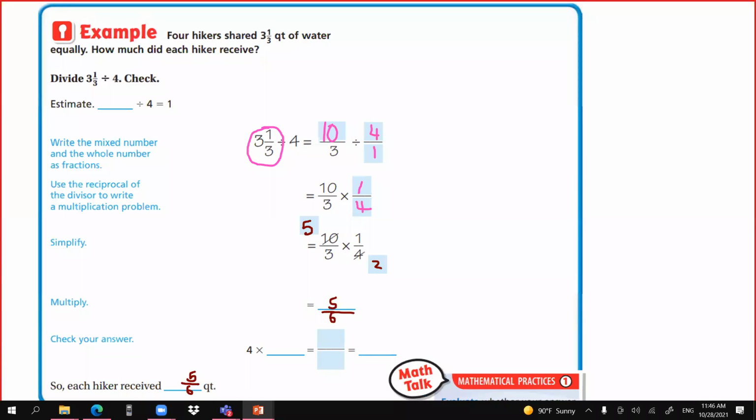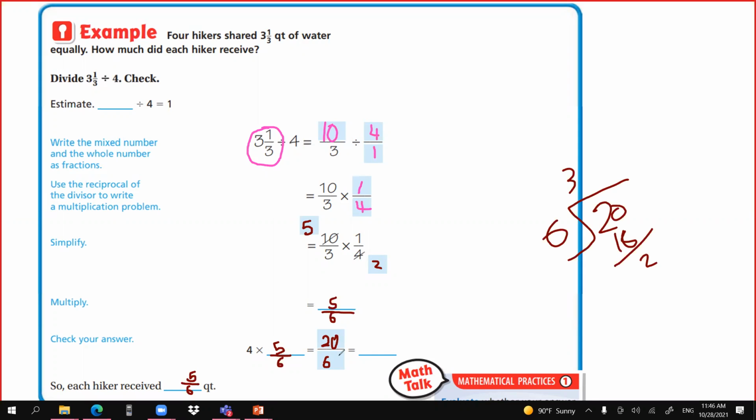Sorry? What did you say? Check your answer. Just a minute. Check your answer. Just multiply 4 by 5/6. You get 20/6. Okay? You can divide it: 3 times 6 is 18, remainder 2.